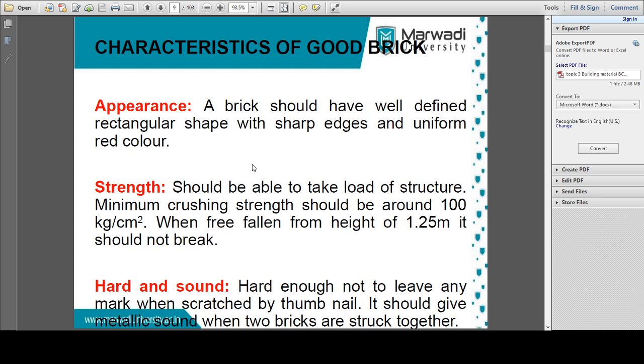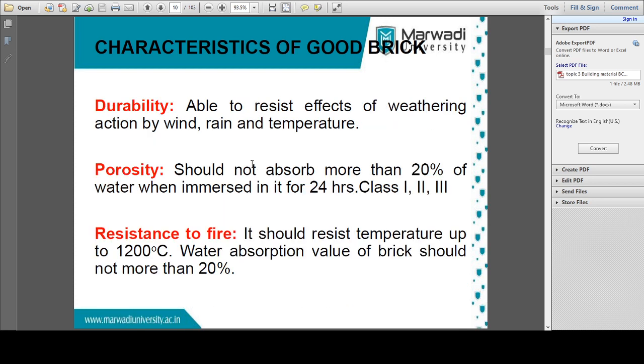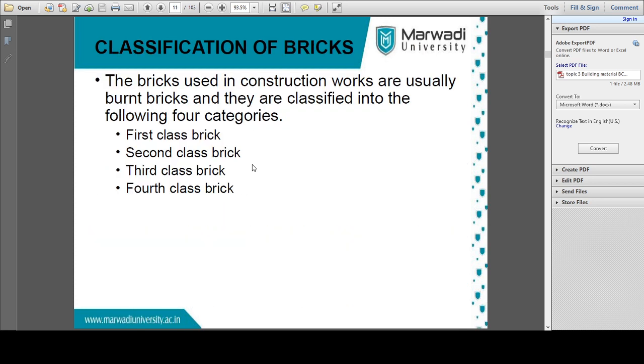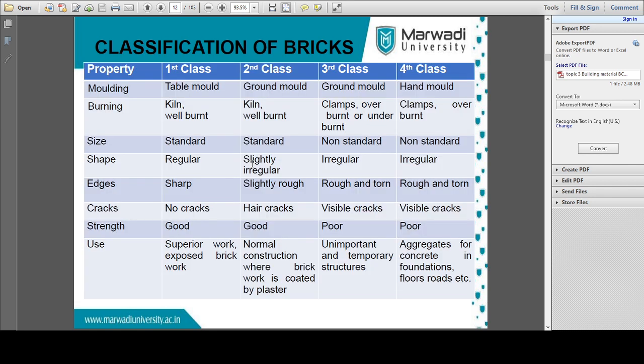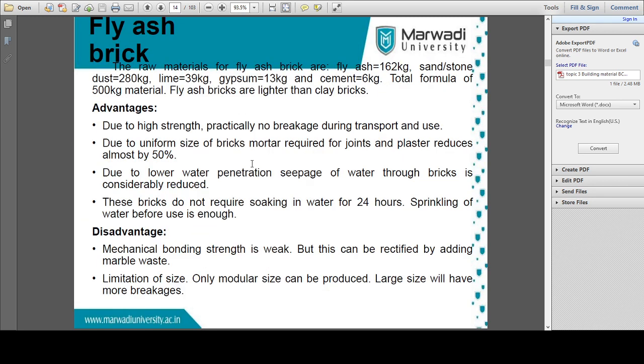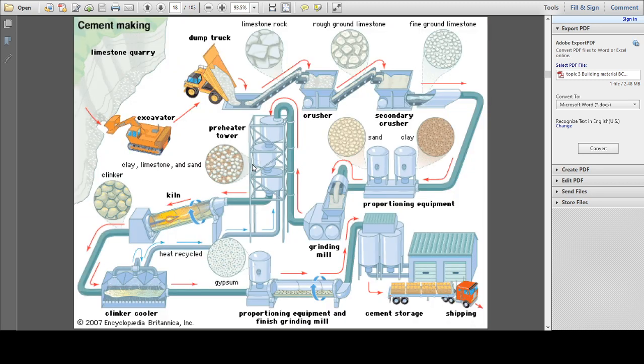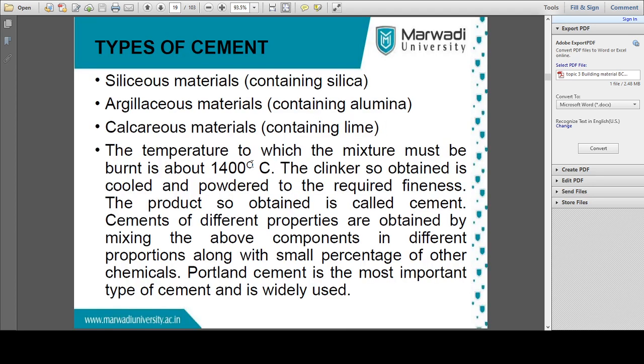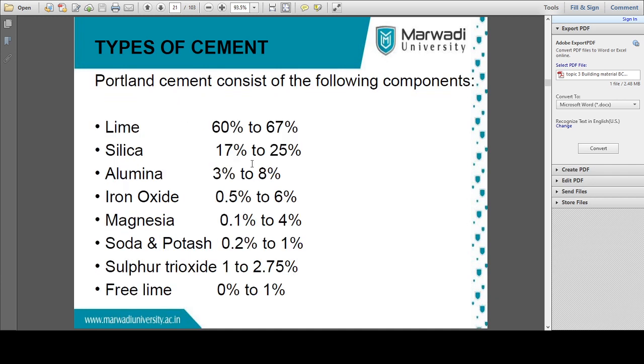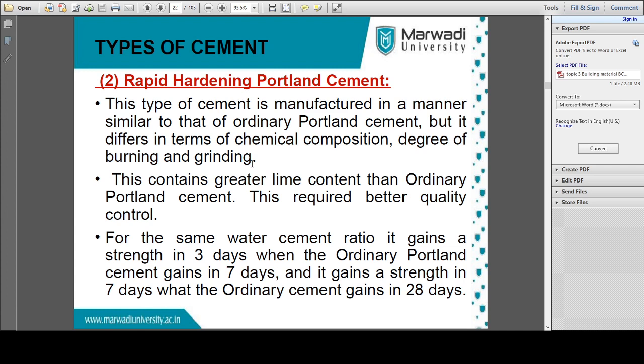We have seen the characteristics of good brick, classification of brick, then fly ash brick, cement, the procedure of cement, types of cement. Then we have tried to see the different types of cement.